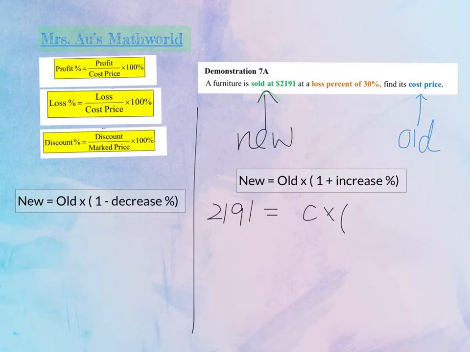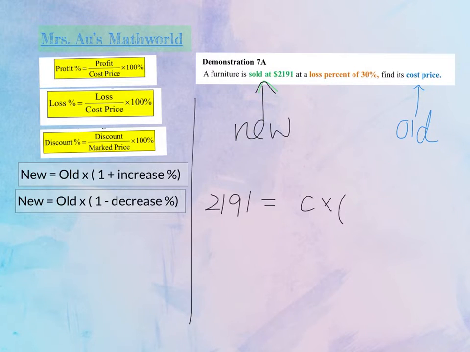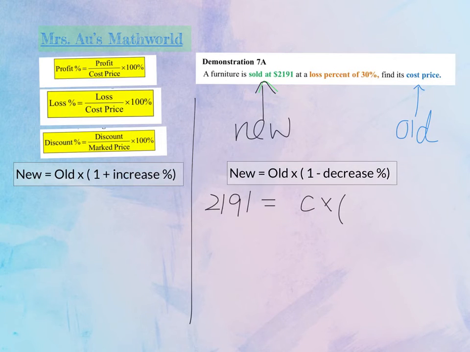Because in this one, you get a loss. For a loss, you cannot use plus because you're making less money. Move it back and select the correct one. It doesn't matter; sometimes we need to fix the problems that we get.